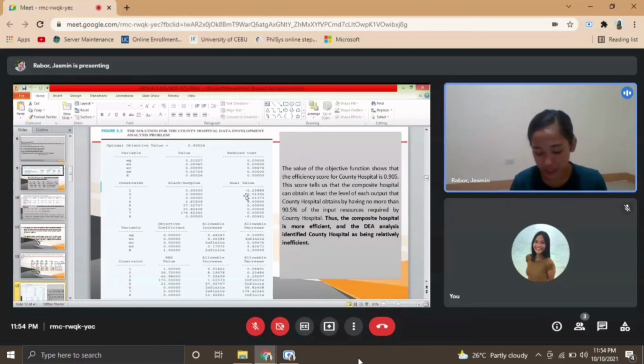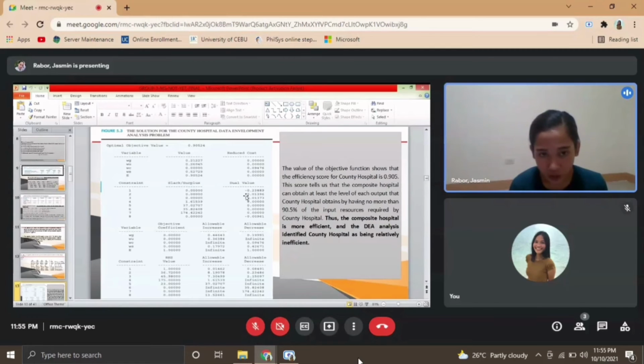So for the slack and surplus column, constraint 4 means that the composite hospital provides 1.6 more nurses trained, and for constraint 5, it means that the composite hospital provides 37 more interns. And the slack values for constraints 6 and 7 show that less than 90.5% of the FTE non-physician and the supplies expense resources used at county hospital are used by the composite hospital.